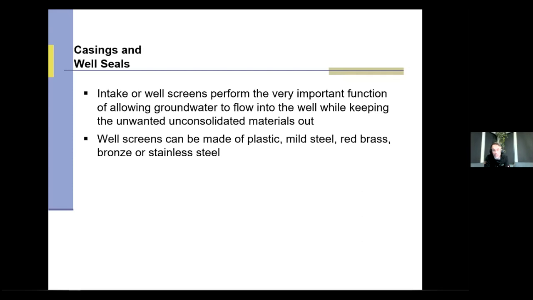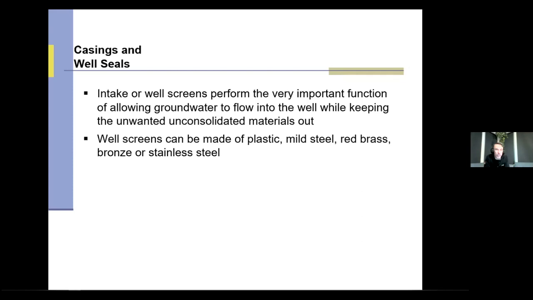The well is no different than a series of very small centrifugal pumps, and as sand goes through those pumps, your bearings and impellers, everything inside that pump, isn't going to last a long time. So it's really important to have some sort of screening to keep the sand out.